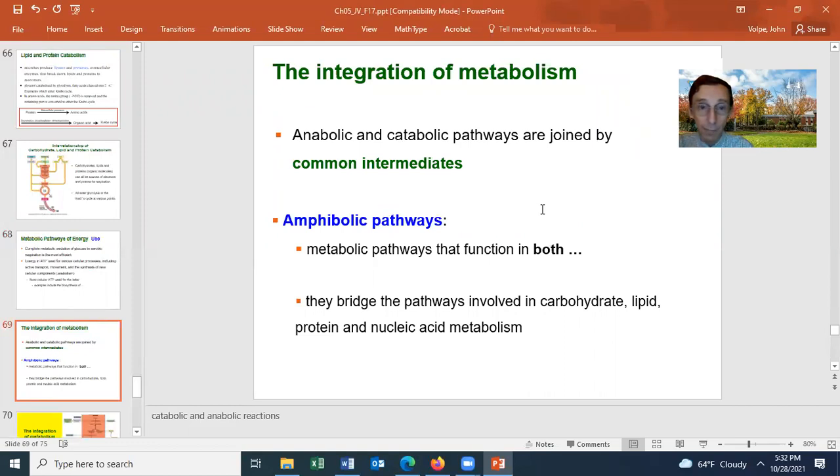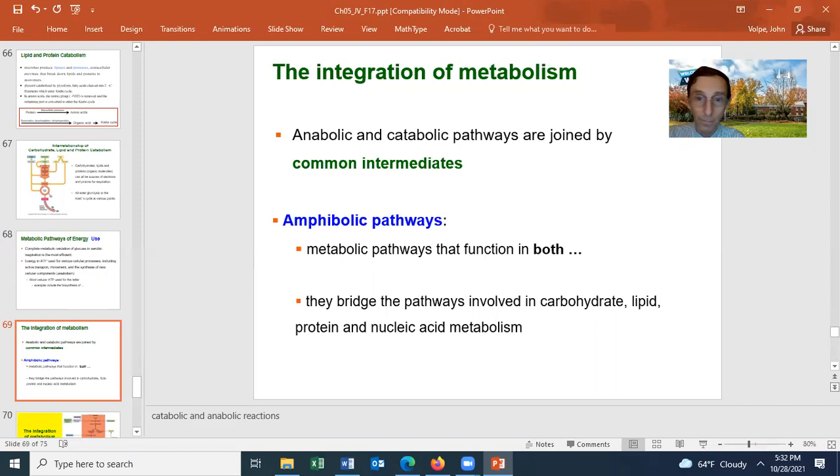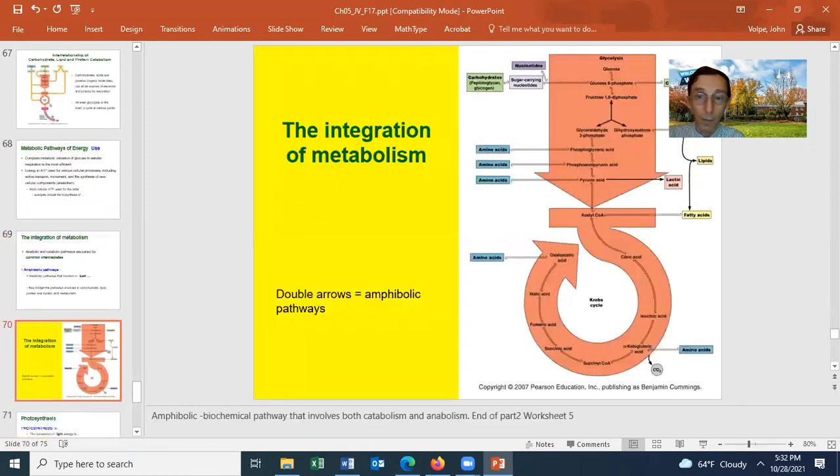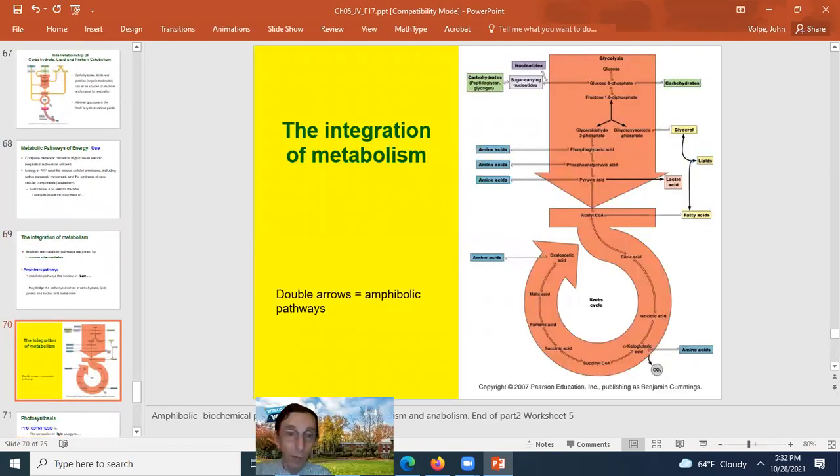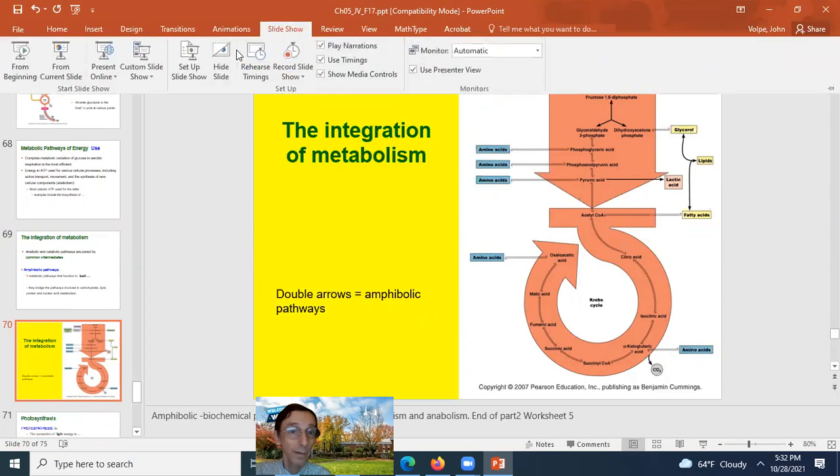And when there's an amphibolic pathway, it bridges the pathway between carbohydrate, lipid, protein, and nucleic acid metabolism. Let me show you down here. Wherever the arrow goes both ways, it's an amphibolic pathway, and the pathway can go in either direction.